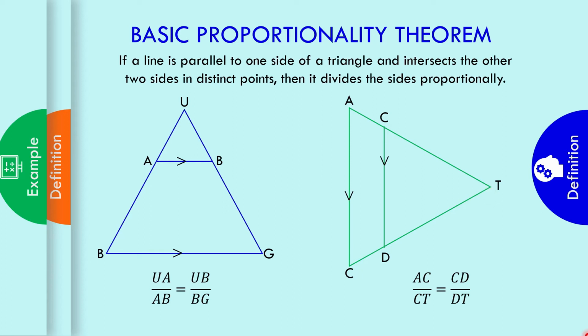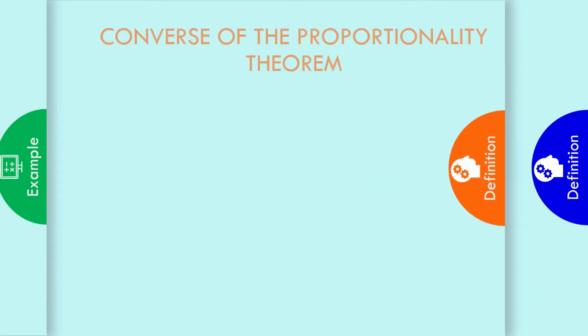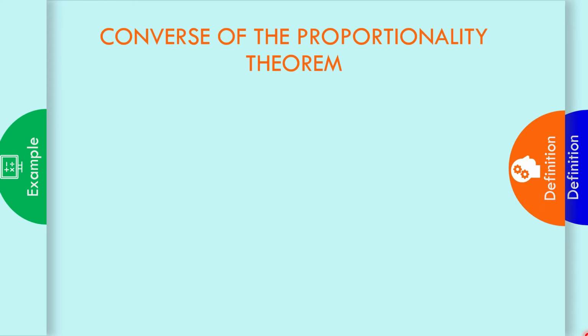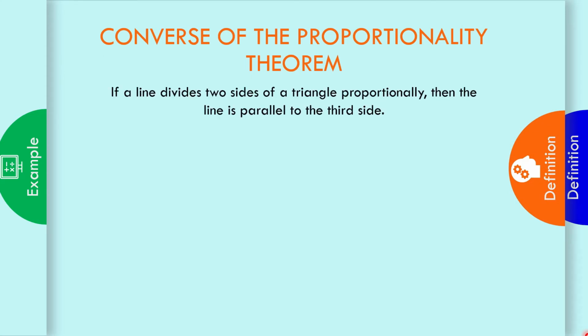Let us now move on with the converse of the proportionality theorem. The converse of the proportionality theorem states that if a line divides two sides of a triangle proportionally, then the line is parallel to the third side. So let us draw again a triangle. So we have here triangle SIT, in which we will draw a line that will divide the two sides of the triangle proportionally.